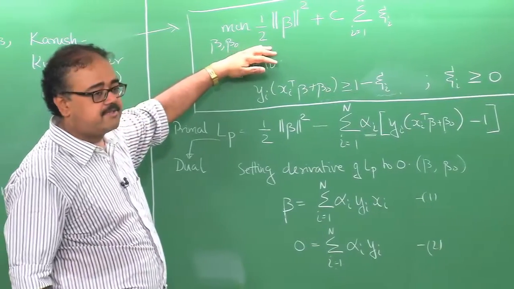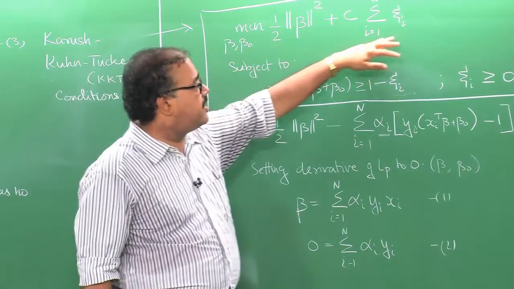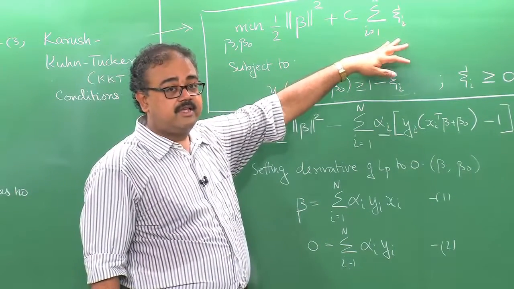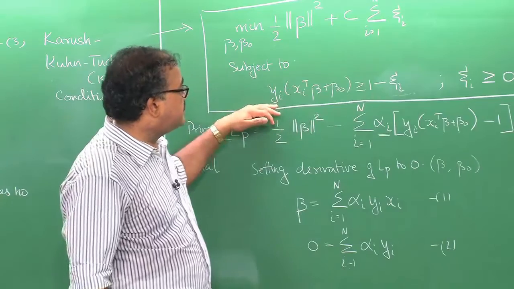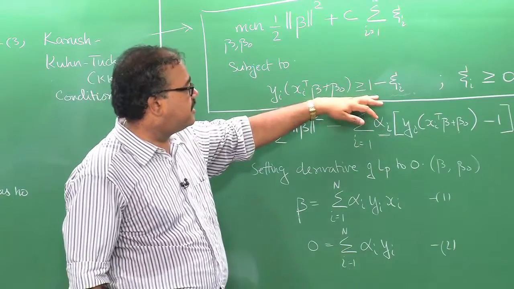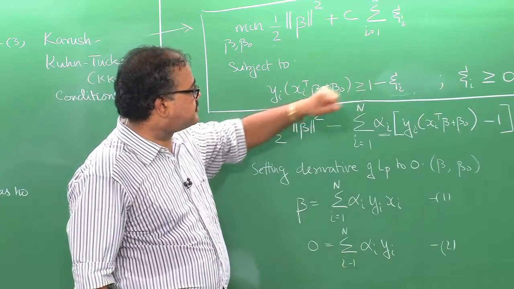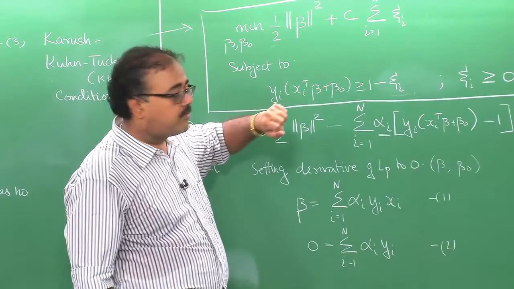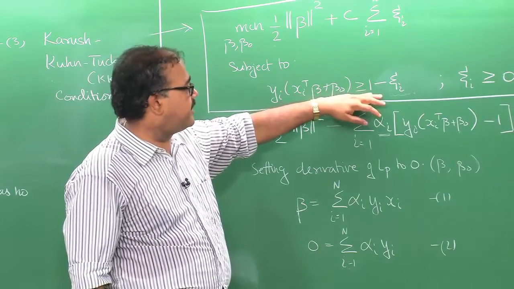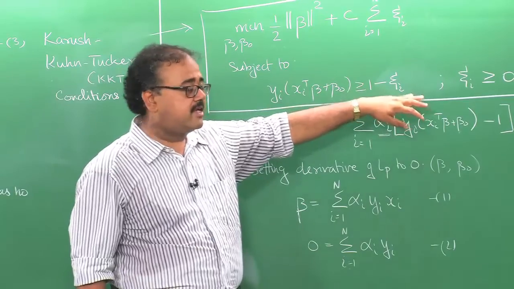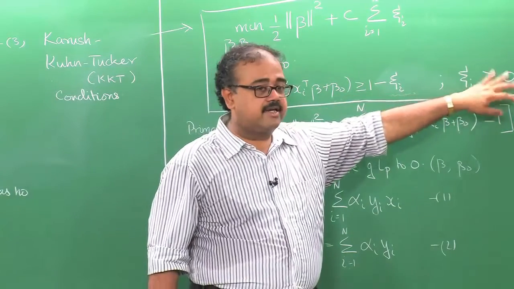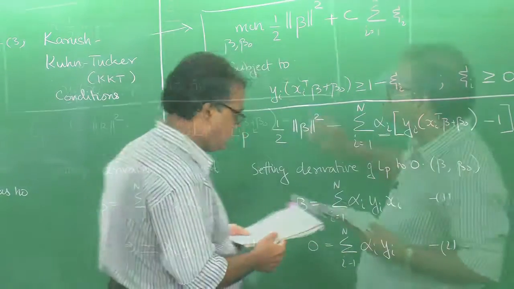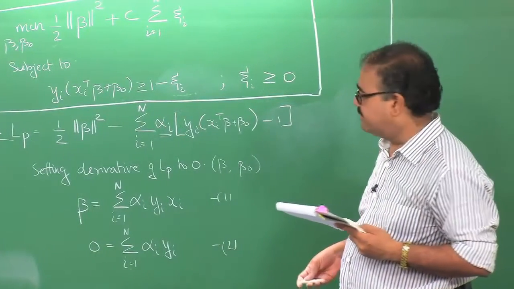So, you have to minimize the norm beta squared plus the sum of the zetas that you are using, subject to the condition that yi xi transpose beta plus beta naught is greater than or equal to 1 minus zeta i, and zeta i is greater than or equal to 0. So, what happens to our primal objective function now?